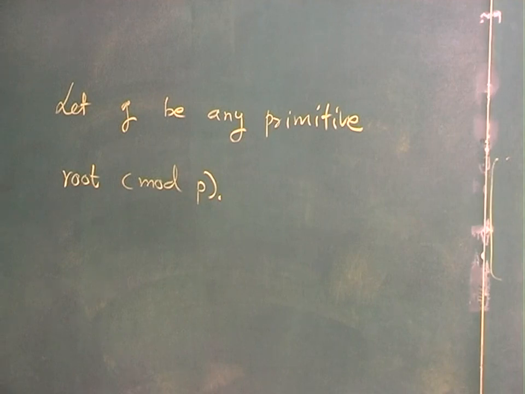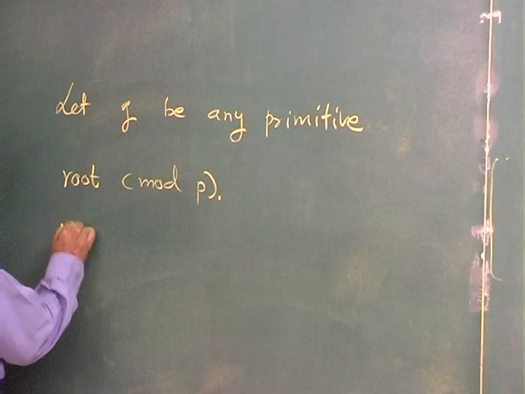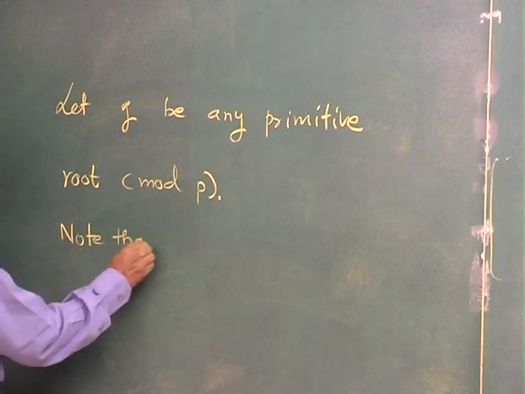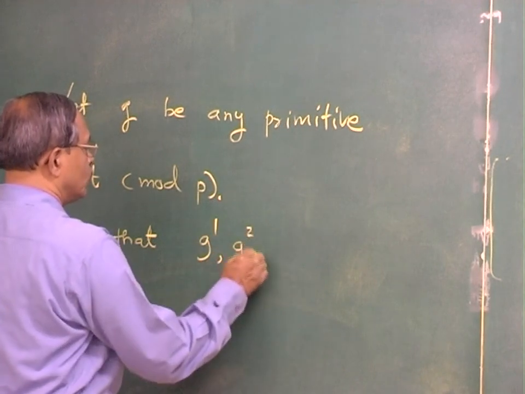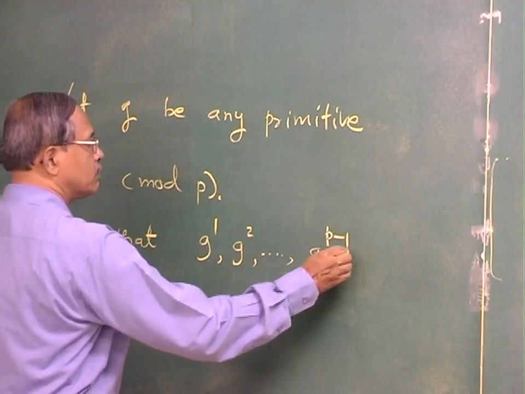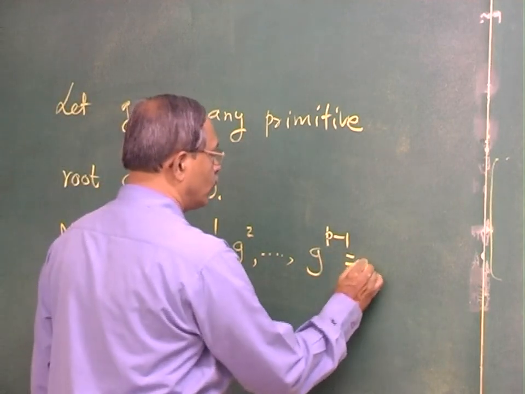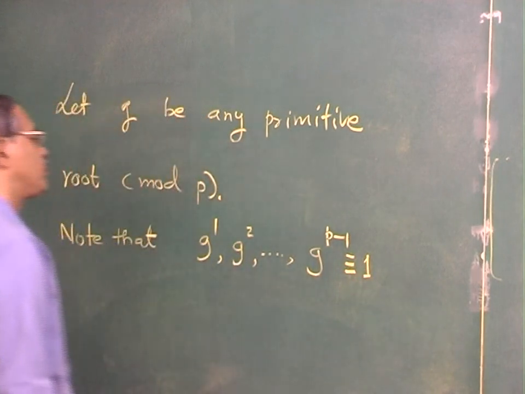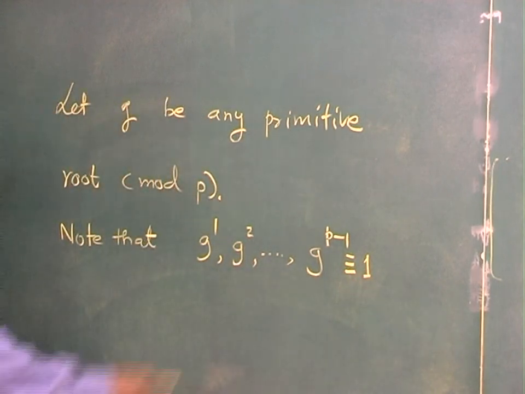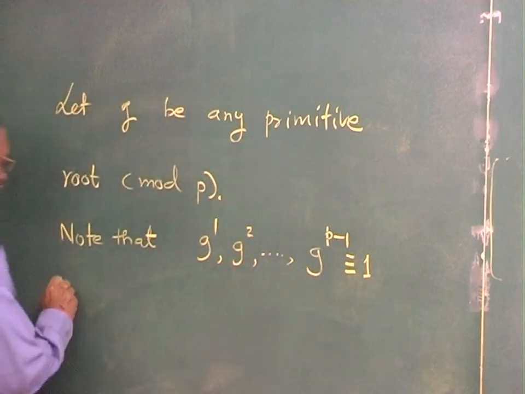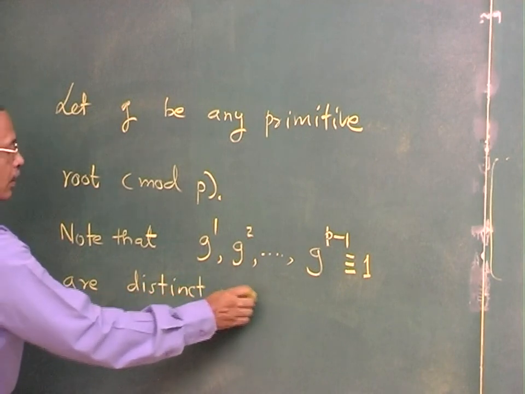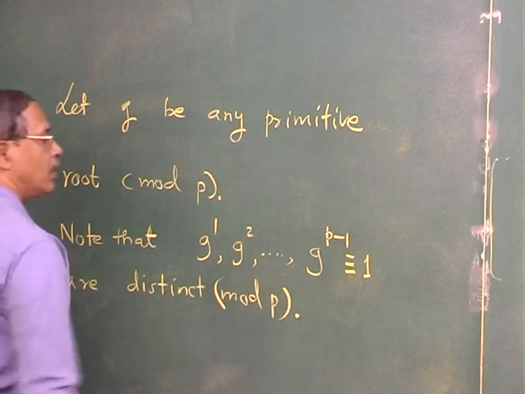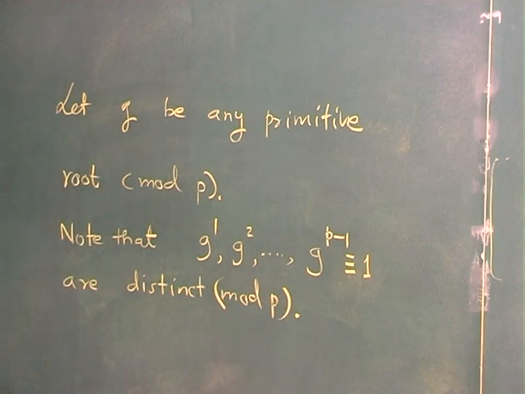Now take powers of this G. Note that G raised to 1, G raised to 2, etc., G raised to P minus 1, which is congruent to 1 mod P, are distinct mod P. They are incongruent mod P.